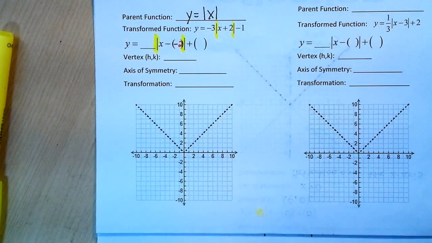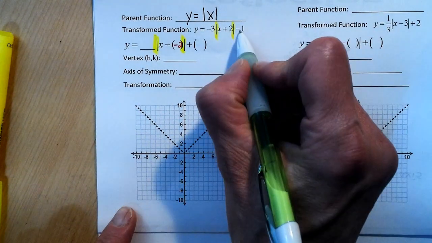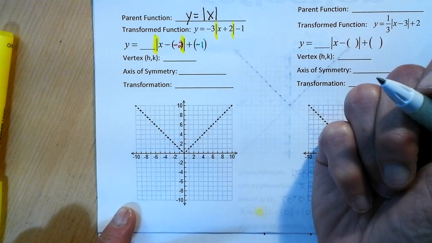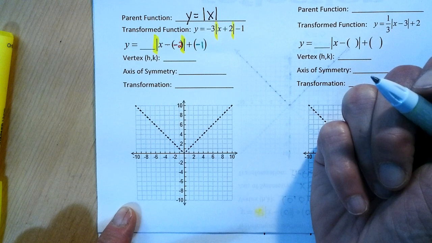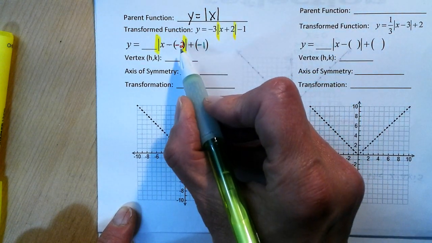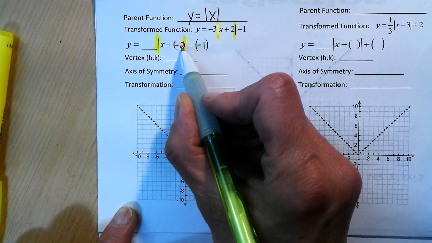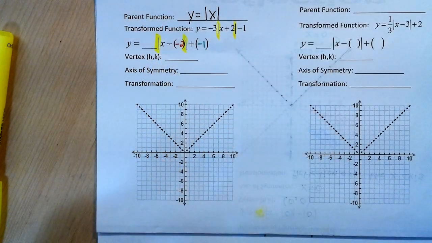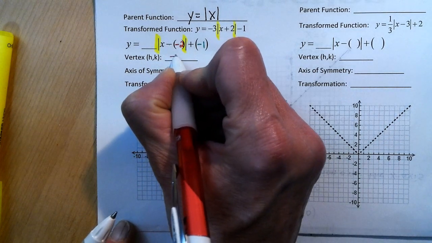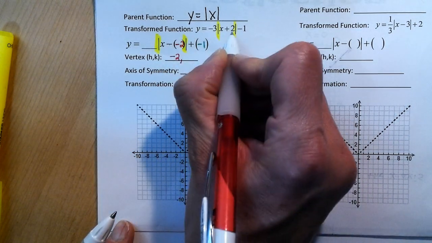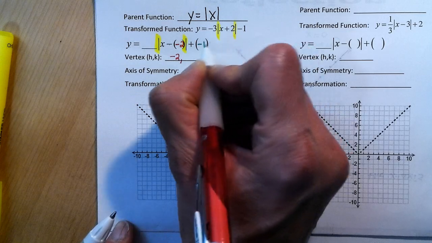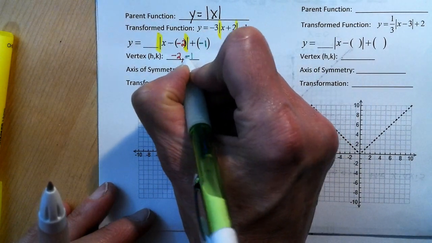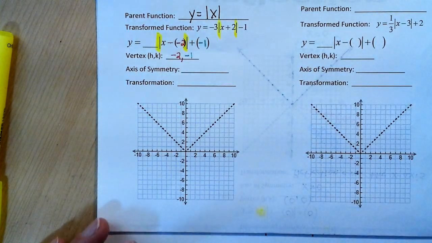On the outside, I have a -1. So before I go any further, remember the inside that's happening to my x is my h. So that means that my vertex is -2, opposite of what I see here, comma, -1. That's my k. Okay, so this is now my vertex.